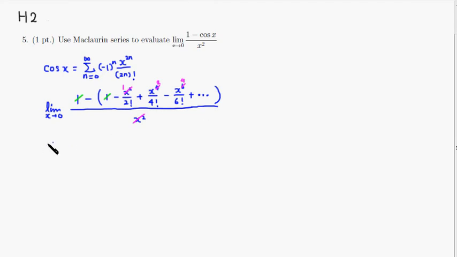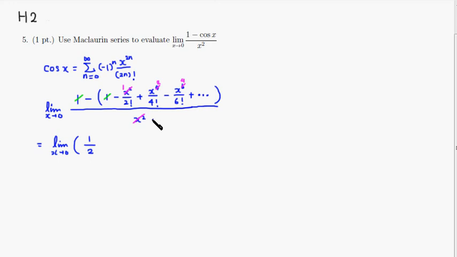So what you get is the limit as x approaches 0. The first term, don't forget the negative sign, is negative 1/2, since 2 factorial is 2 anyway.